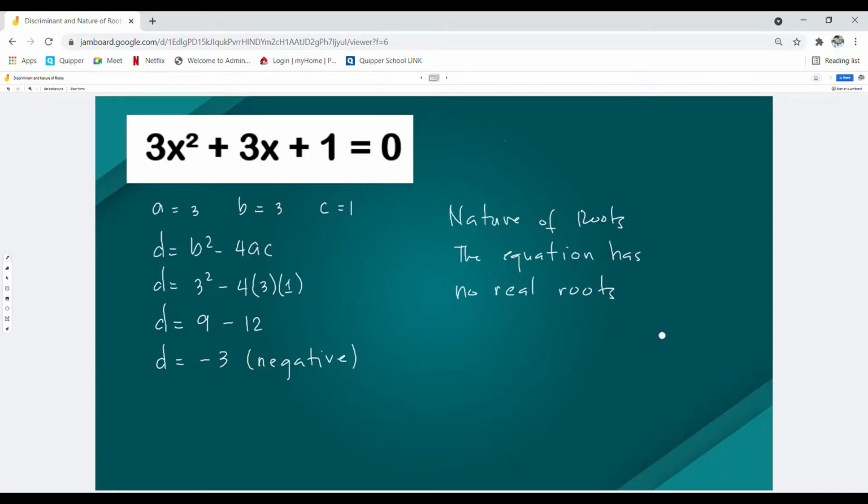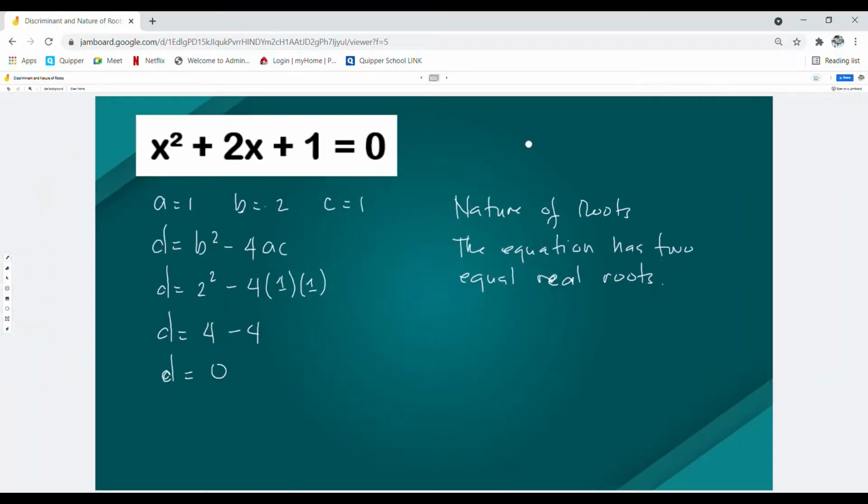If you want to prove it, try to check by solving. For example, we'll try this one, and let's check if it's really two equal real roots. We'll try to solve x squared plus 2x plus 1. This is how you check.